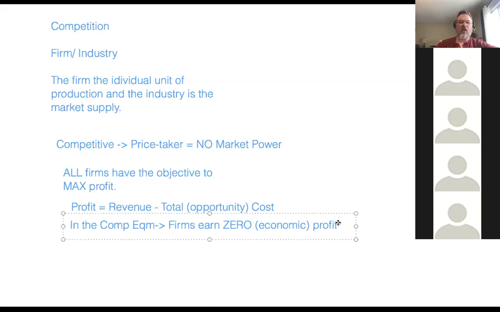Maybe this will make you a little bit more comfortable: 0 profit is also what we call normal profit. And if you're making more than 0 profit from an economic perspective, we say that's supernormal profit, which means basically that you're killing it. You're making money hand over fist. Your rate of return is much higher than the normal rate of return.